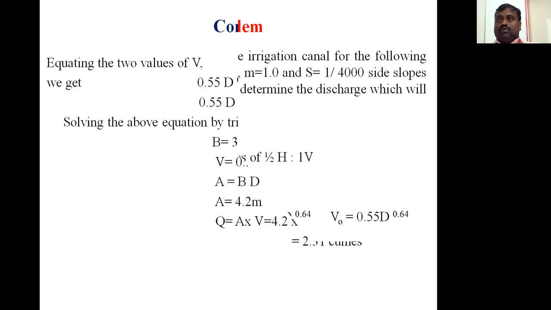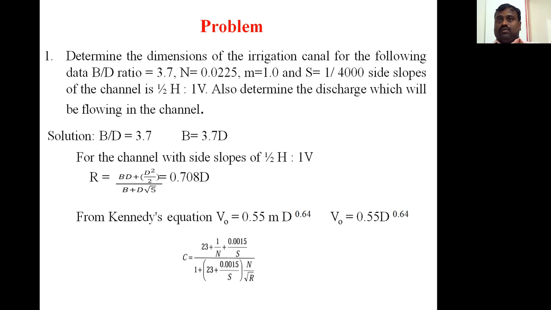So using Kennedy's equation initially for calculating the critical velocity, V naught equal to 0.55, m value is given 1, it is defined already in the problem, and depth value is unknown, so critical velocity results equal to 0.55 d to the power 0.64.